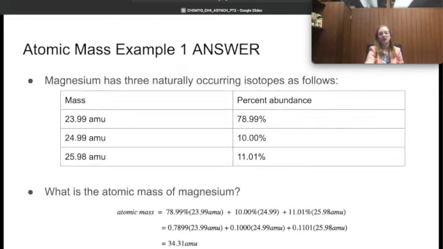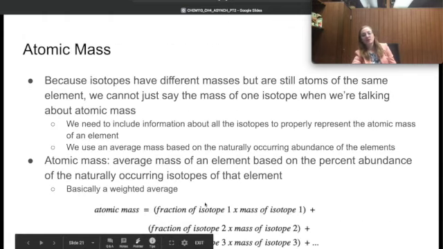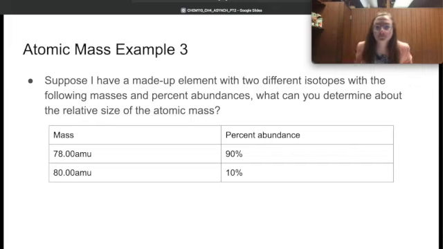When we look at the equation as it's written here, we're taking into consideration those fractions, that ratio of how they are occurring naturally.